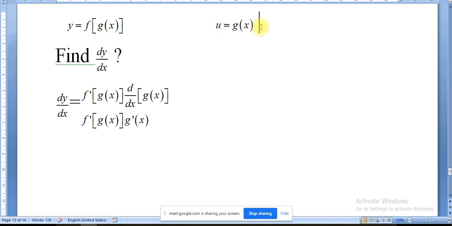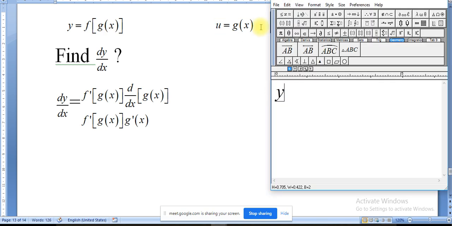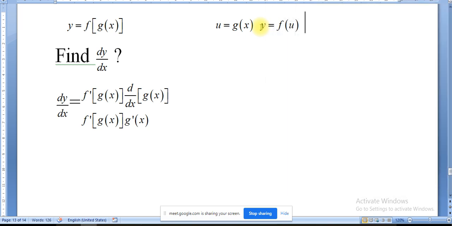Then what we can see is that y is equal to f of u. Now, as I am asked to find dy by dx, what we can do is this. This is the main idea.